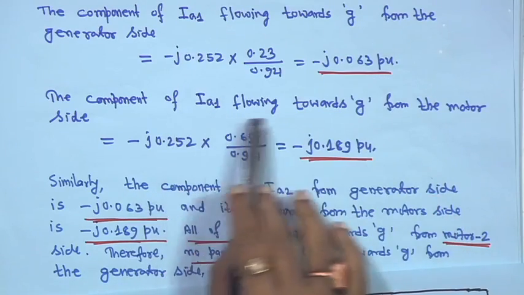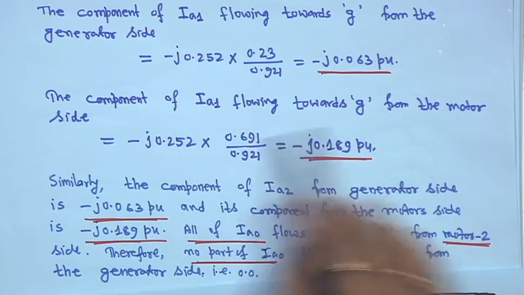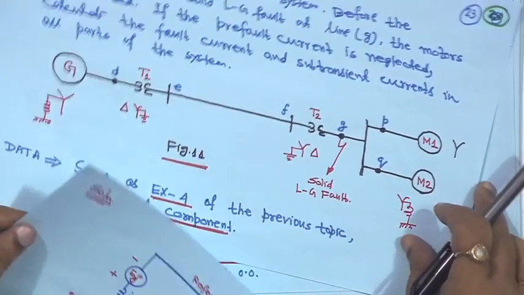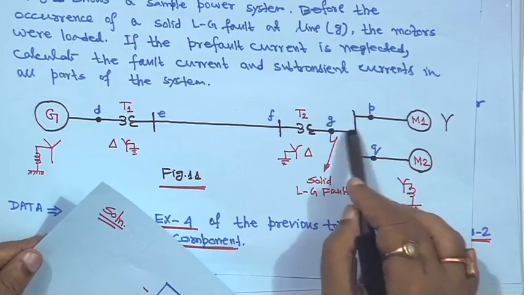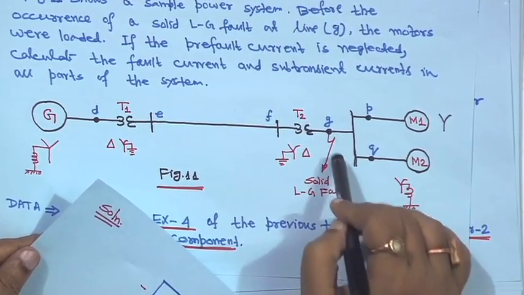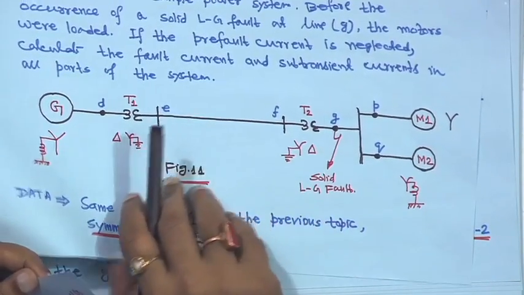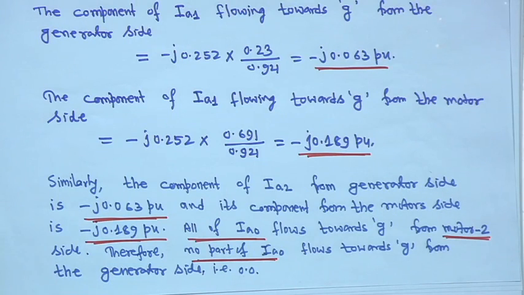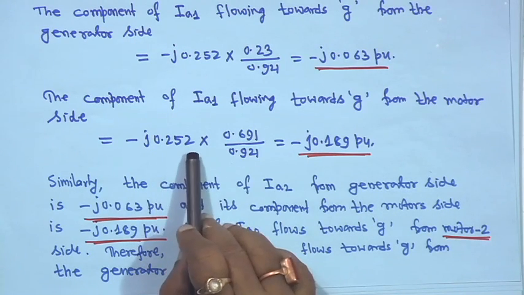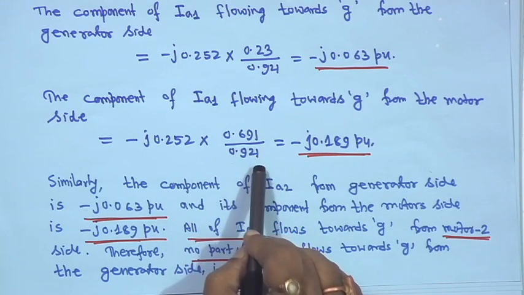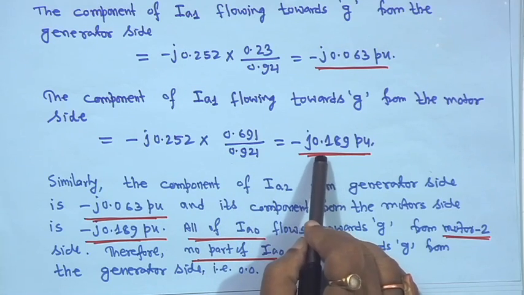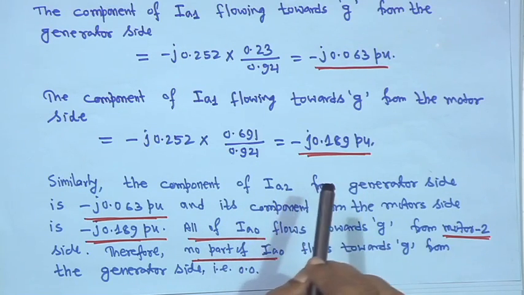Now, the component of I A 1 flowing towards G from the motor side, that means from these two motors. From the motor side, how much current is flowing to G? In that case it will be minus J 0.252 into 0.691 upon 0.921, or minus J 0.189 pu.